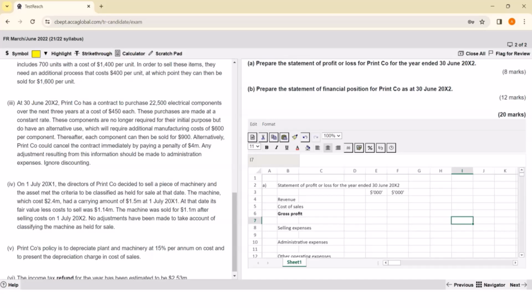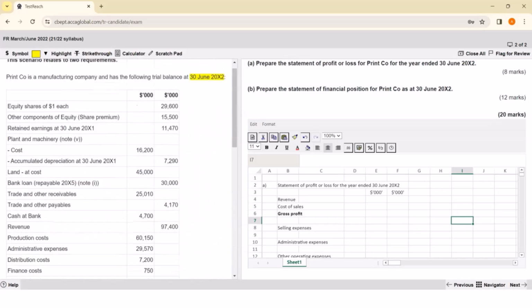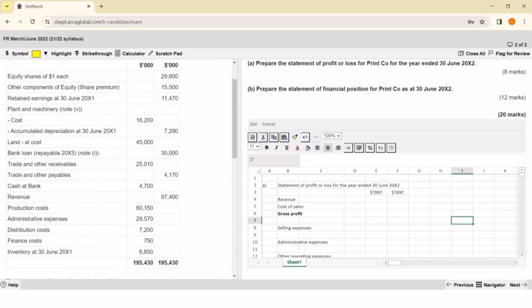When I roughly skim through it, I can see the word penalty, which may mean that I may need to create a provision. And then the next one is related to selling a piece of machinery and the criteria is met for it to be classified as held for sale. So I have a held for sale item, depreciation is available and income tax refund for the year has been made available.